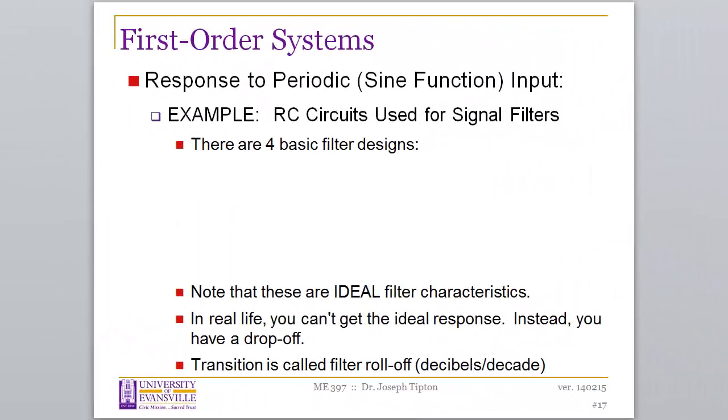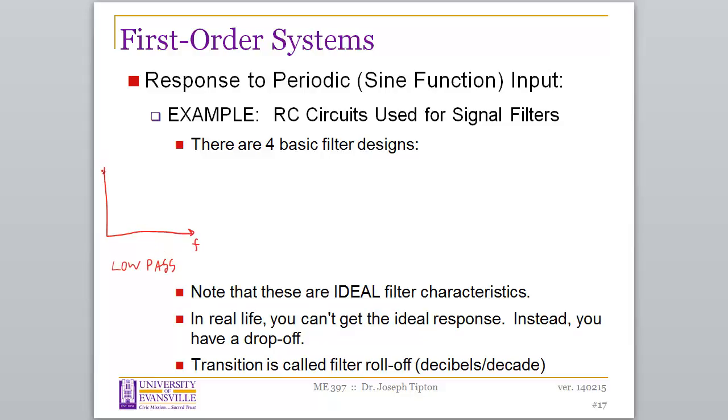An example is an RC circuit as a signal filter. You've actually done this in your circuits class. To help you remember, there are 4 basic filter designs. We can have a low-pass filter. So there's frequency, and here's a low-pass.